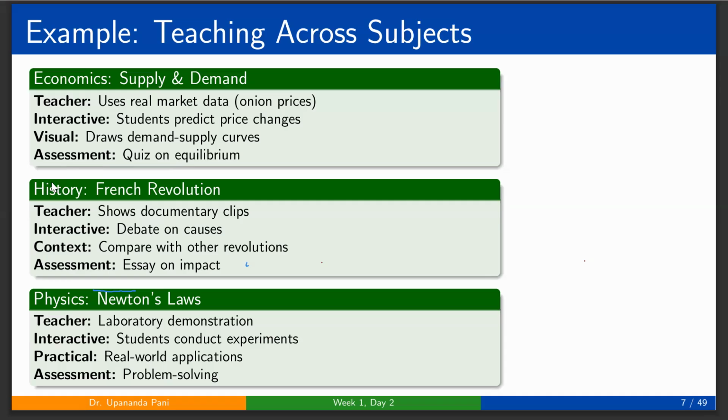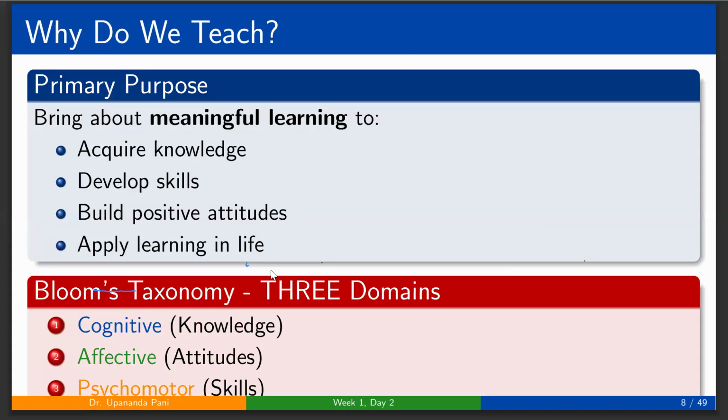Similarly for other subjects, say in history somebody is teaching the French Revolution, the teacher shows some documentary clips. They can make it interactive, like students debating the causes and the context, and comparing with other revolutions. For assessment, the students can be expected at the end to write an essay on the impact. Similarly for physics, you can see how teaching will vary across subjects. So that is why it is dynamic.